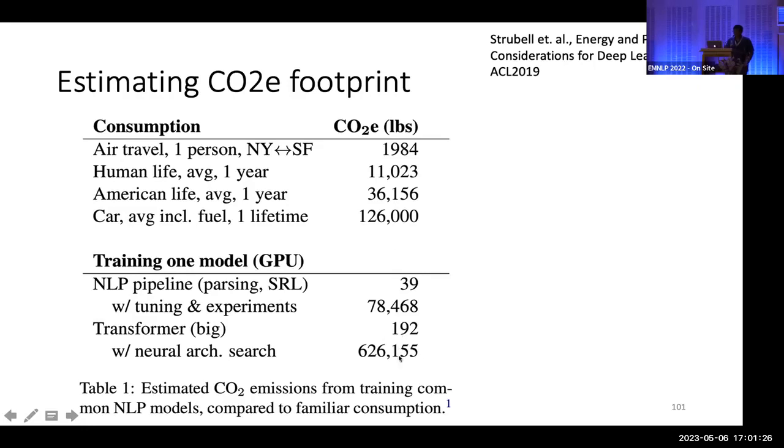But even more, they say that using neural architecture search, you get this crazy large number. This is a very scary number, right? So this paper got a lot of attention, and I think it was good that it brought people's attention to the consequences of our training runs.